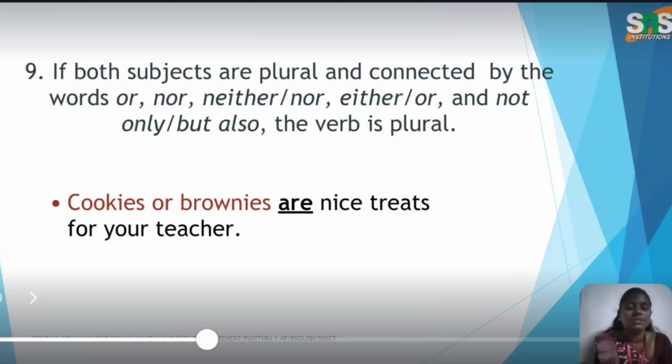If both subjects are plural, we'll be using a plural verb when connected by these conjunctions. Let us see the example. Cookies or brownies are nice treats for your teacher. Here cookies is a plural subject and brownies is also a plural subject. That's why we are using are there.